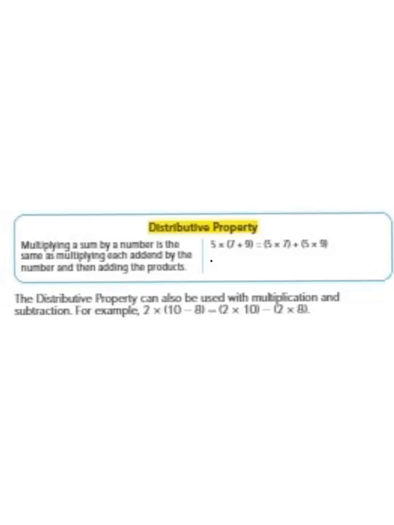So we're basically just distributing it out, just as if you would be giving each one of the addends its own gift of 5. So we would look at it 5 times 7, because we've distributed a 5 to the 7, and then we add, and then we distribute a 5 to the 9.